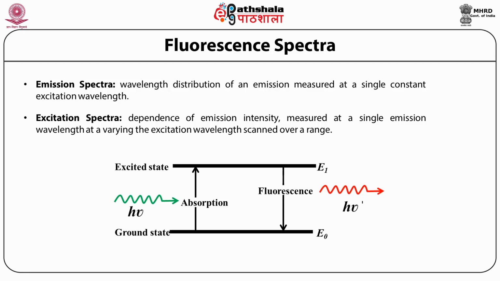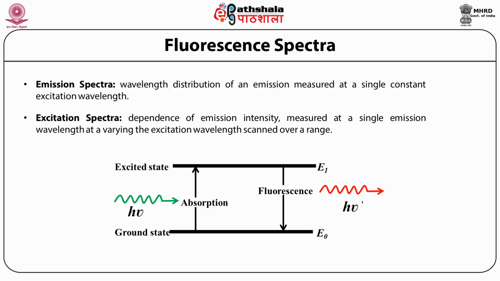The emission spectrum is the wavelength distribution of an emission measured at a single constant excitation wavelength. The recorded emission spectra represent the photon emission rate or power emitted at each wavelength over a wavelength interval determined by the slit widths and dispersion of the emission monochromator.